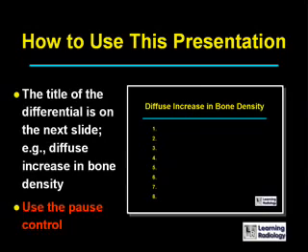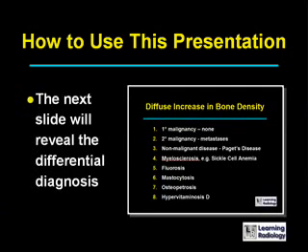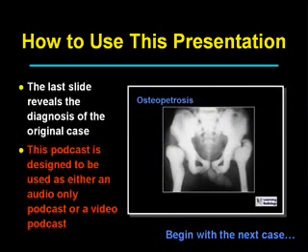Then, the title of the differential will be shown on the next slide. Use the pause control again. The next slide will reveal the differential diagnosis itself, and the final slide will reveal the diagnosis of the original case shown. This podcast is designed to be used as either an audio-only or a video-only podcast, or both.